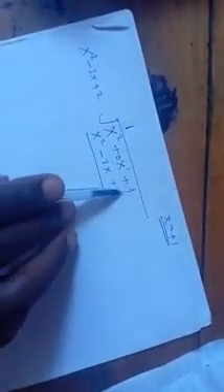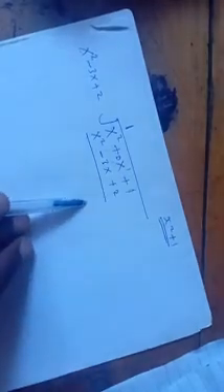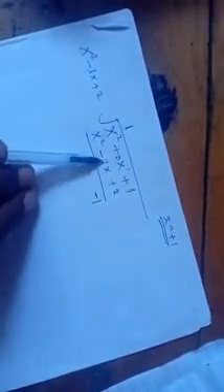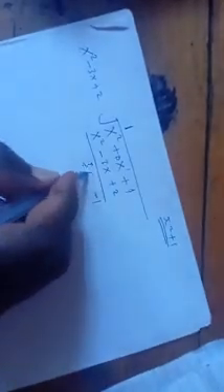So I perform subtraction. When I subtract, I get negative 1. When I subtract 0 minus 3, I get positive 3x. I cannot continue because it stops there. So this is the remainder.